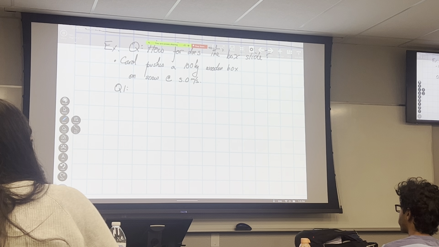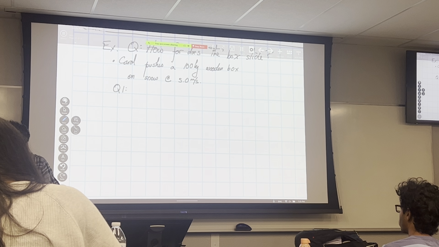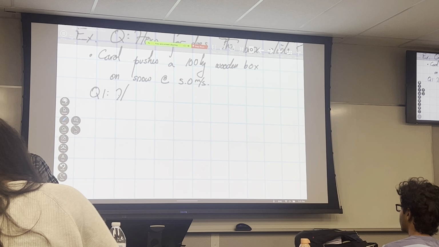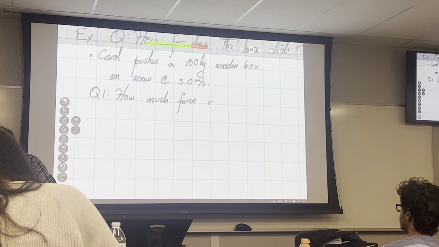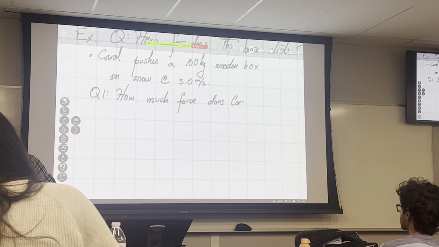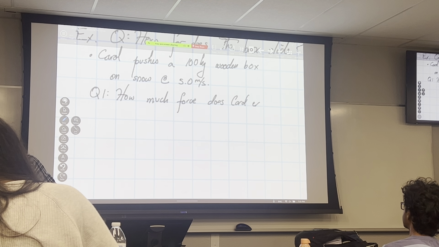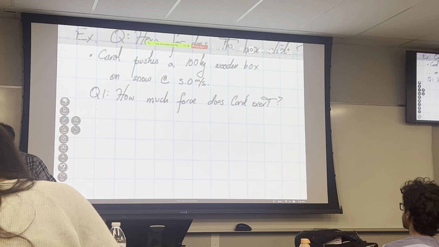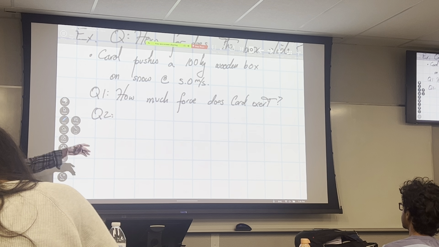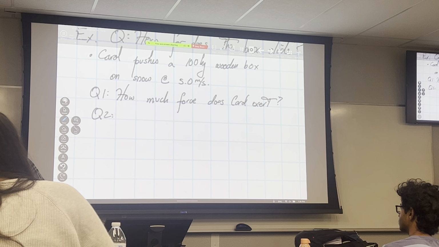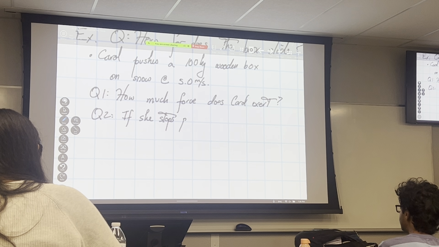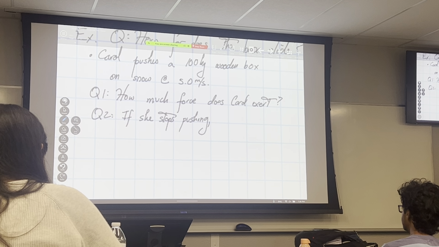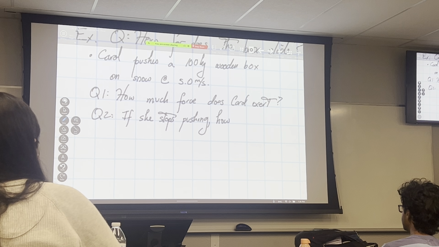The first question is essentially how swole is Carol? So how much force does Carol exert? And the second question, the one that we are really trying to get to, is if she stops pushing, how far will the box slide?